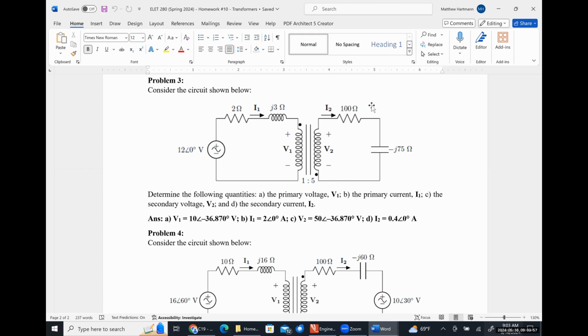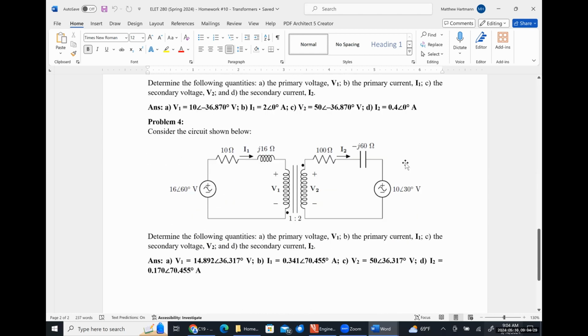And so I have 12 angle 0 in series with 2 plus J3 in series with 4 minus J3. V1 is just the voltage drop over the 4 minus J3 ohm impedance. I1 is just the current flowing through the 4 minus J3 ohm impedance. And then I use my transformer relationships to figure out V2 and I2. So I reflected everything from the secondary over to the primary, analyzed it as just a single phase AC circuit, and then used transformer relationships to figure out what was going on in the secondary.